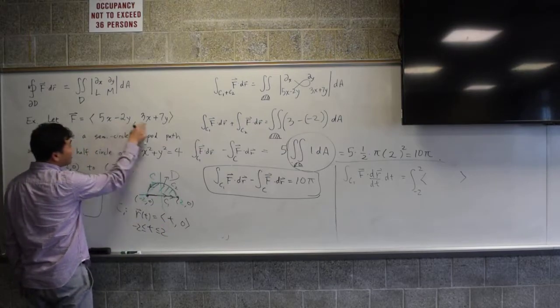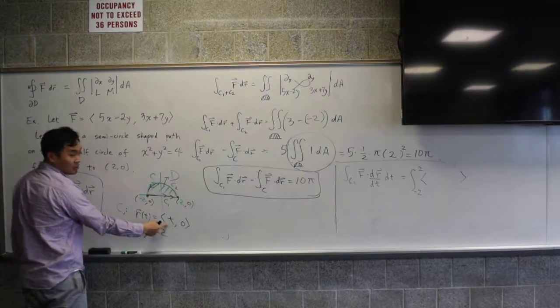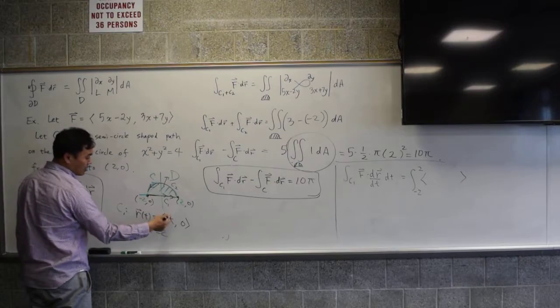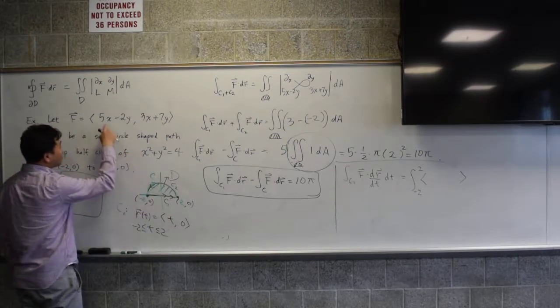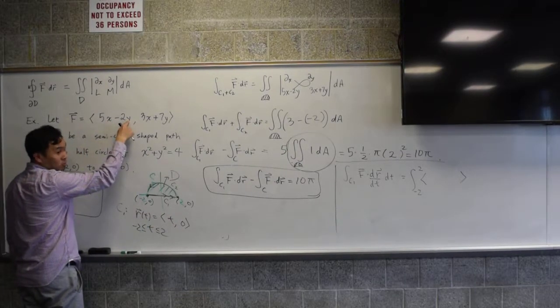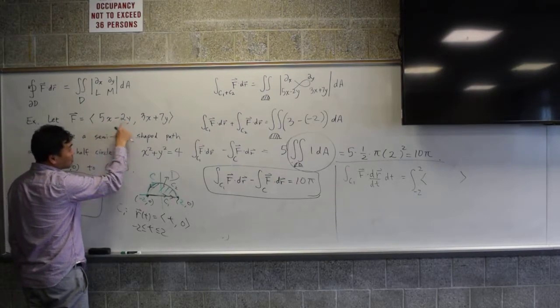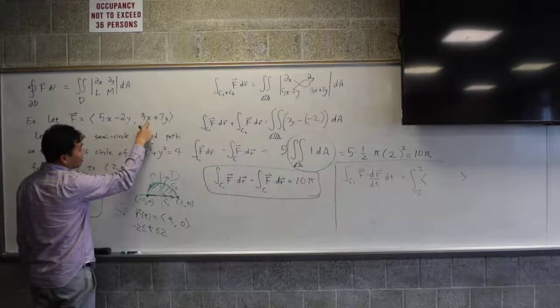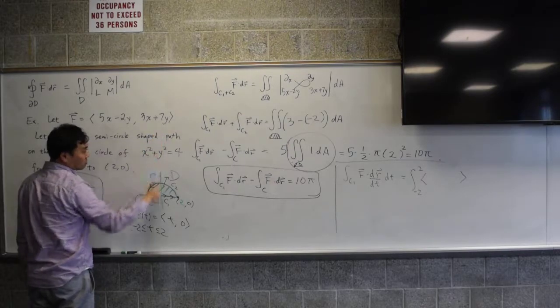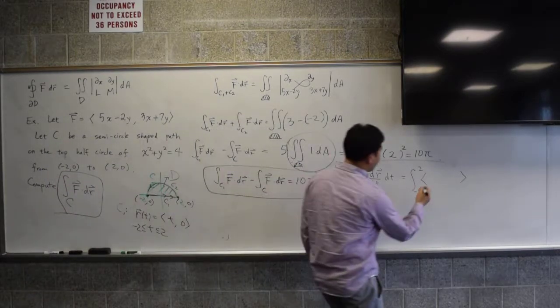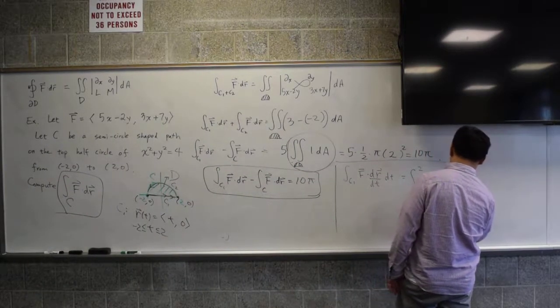Yeah, this is your vector field, but it's on this curve. So your x is t and y is 0. So t goes into x, 0 goes into y, so I get 5t from here. What about this one? t goes into x, 0 goes into y, so you get 5t, 3t.